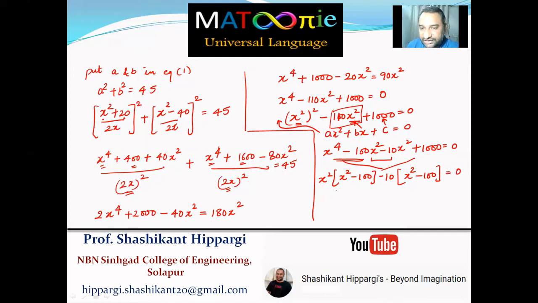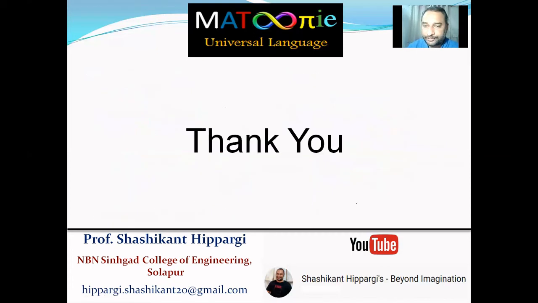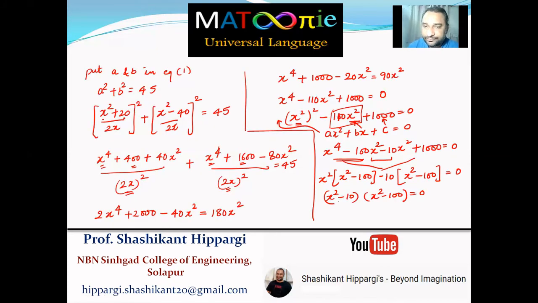So the equation is x square minus 10 and then x square minus 100 is equal to 0. Now look at the things: we have got 4 solutions actually. What are the 4 solutions?